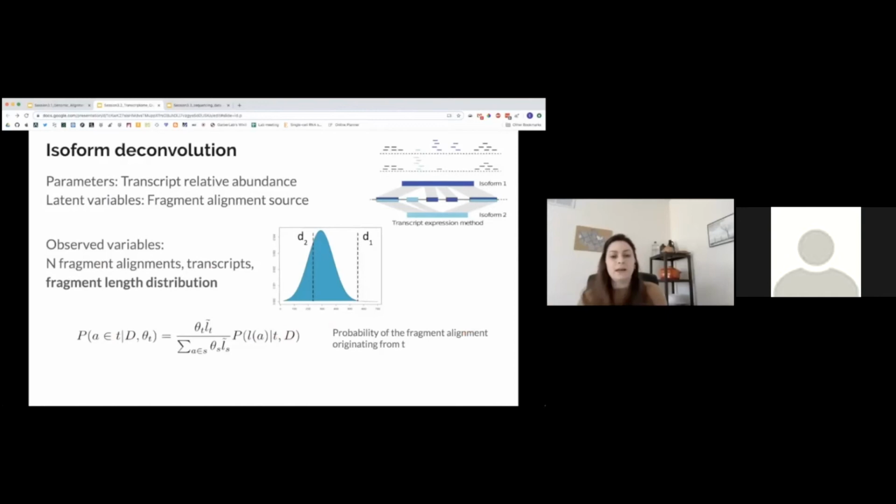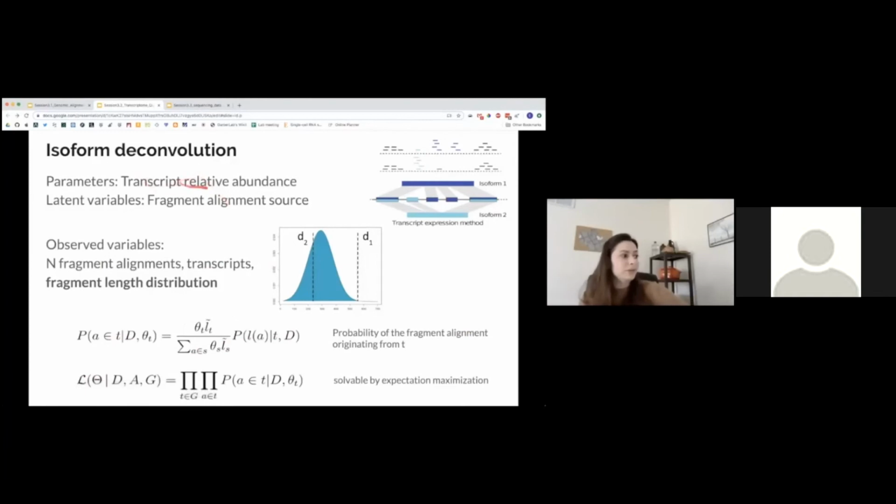So this is a problem that is solvable by an algorithm used by all of these problems called expectation maximization. What it will try to estimate is the transcript relative abundance which will maximize the likelihood of obtaining the data that you did.